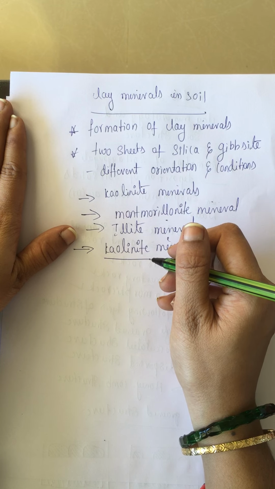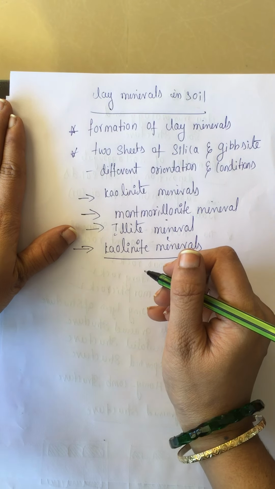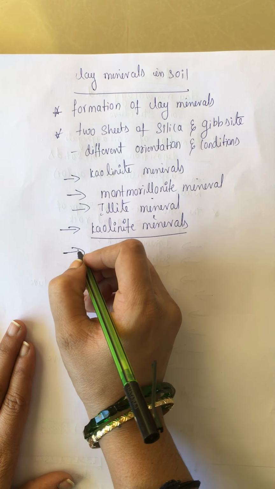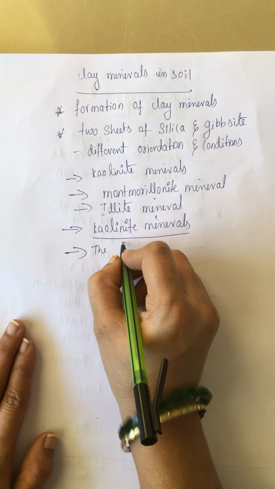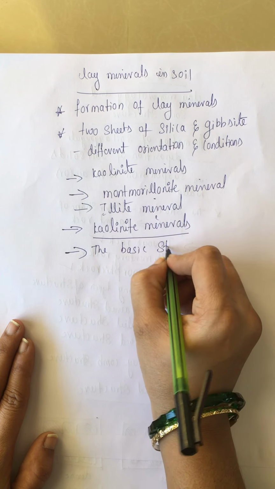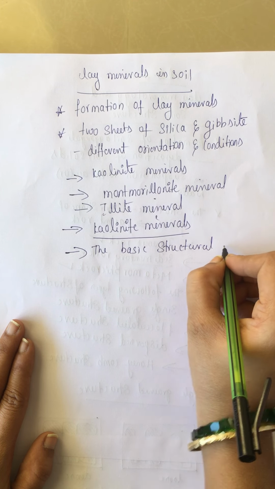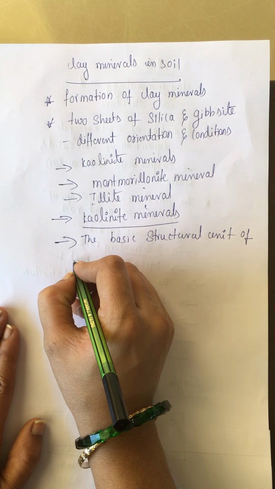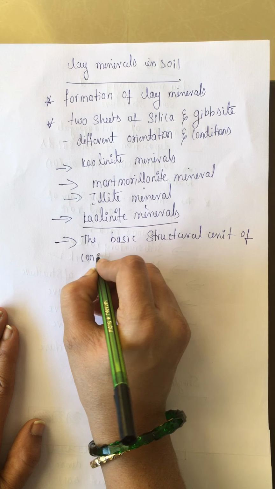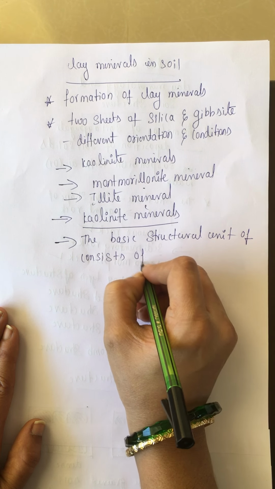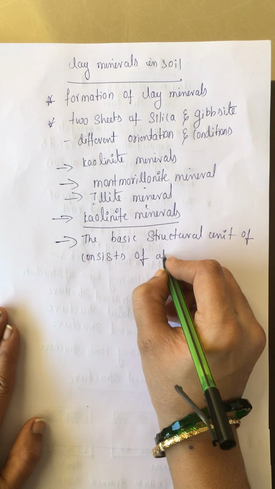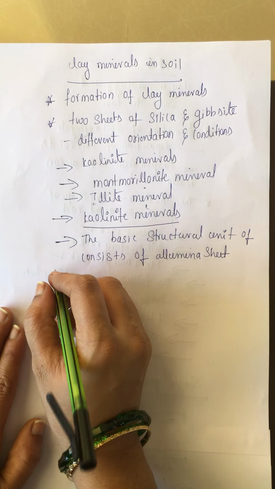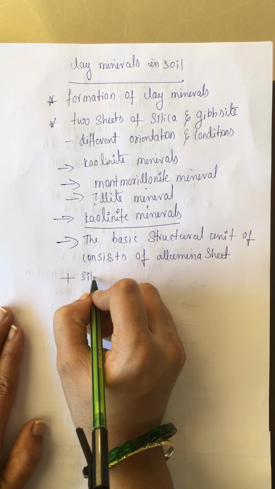Its basic structural unit consists of an alumina sheet combined with a silica sheet.